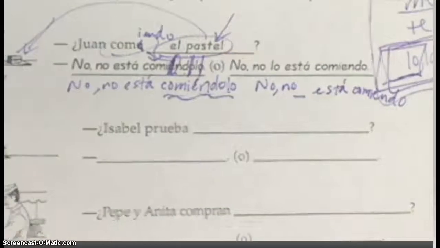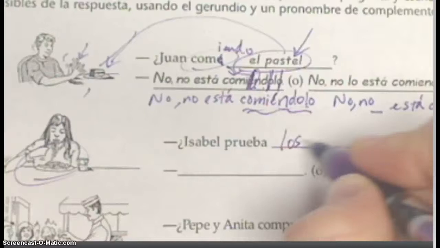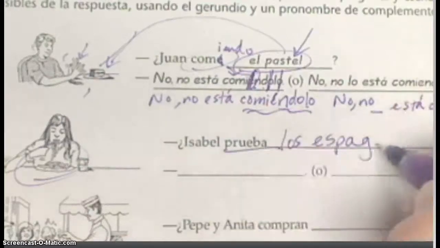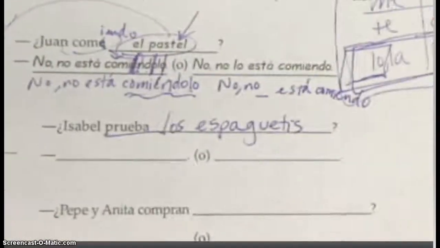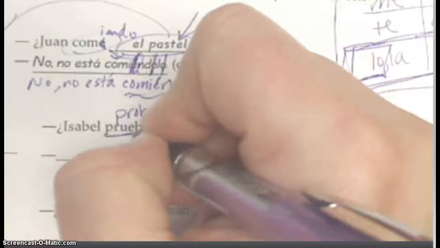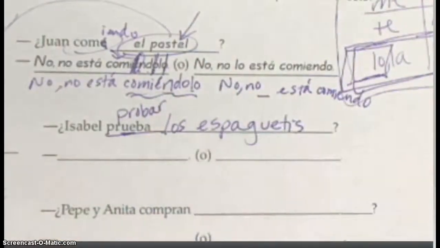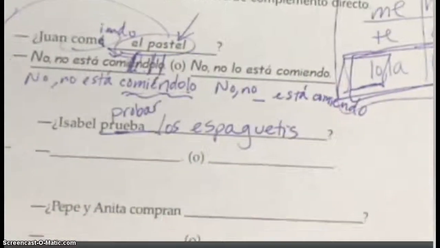So the next one, Isabel prueba los espaguetis. Does anybody know what prueba comes from? Comes from the verb probar. It's a stem changer, clearly. You can see that right there. So does Isabel try the spaghetti? And she's clearly trying it there, so it's still a positive one, not a negative one.